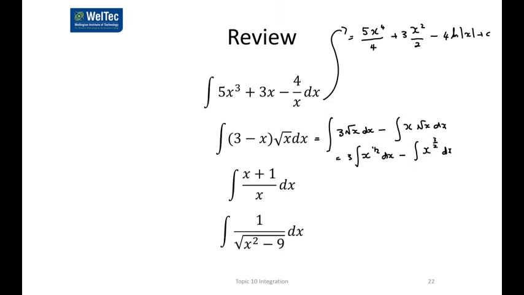The first term would be 3 times x to the 3 over 2 over 3 over 2, so times 2 over 3, minus x to the power of 5 over 2 over 5 over 2, so it would be times 2 over 5, and cancel that, and don't forget to add c.